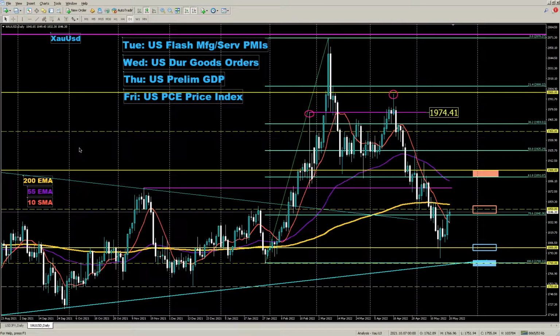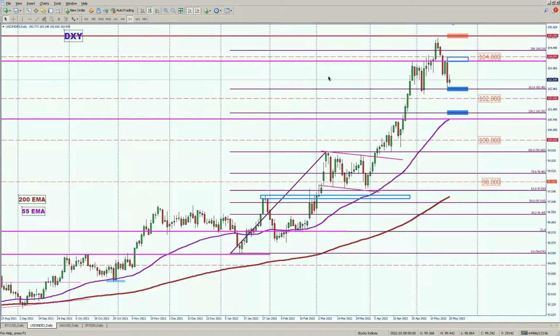Okay, so let's move on to take a look at the US dollar index, the DXY. Right from the start of the week, it has weakened and retraced lower after nearly hitting the 105 at the end of the previous week.